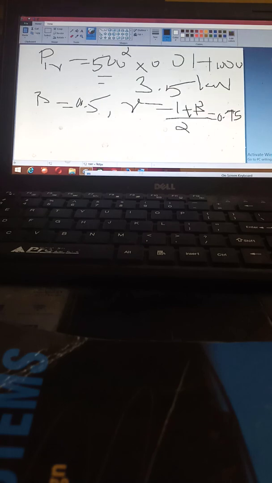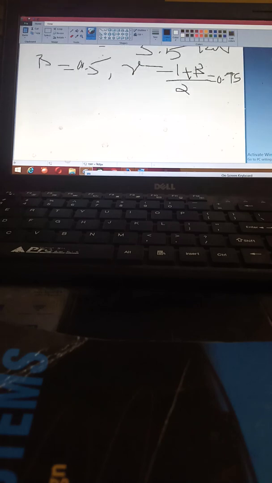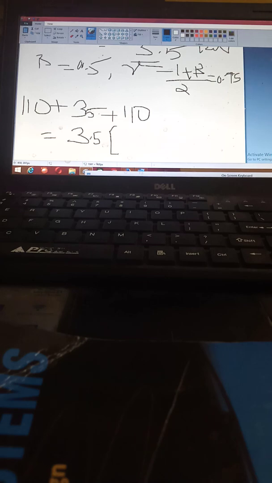Now substitute in that equation. P1S TR or 110 means ES plus P1S TR, that is 35, plus next EB, that means 110, is equal to P1R, how much you got? 3.5 into gamma.